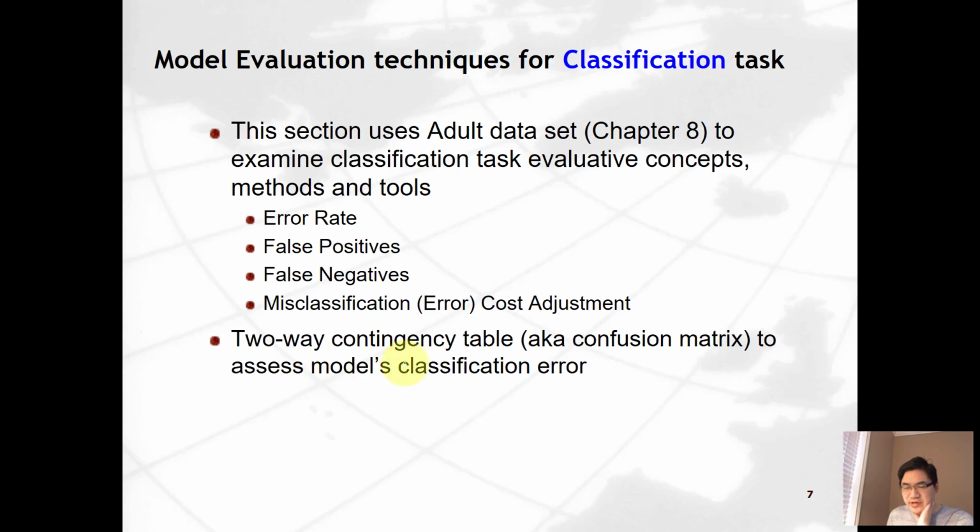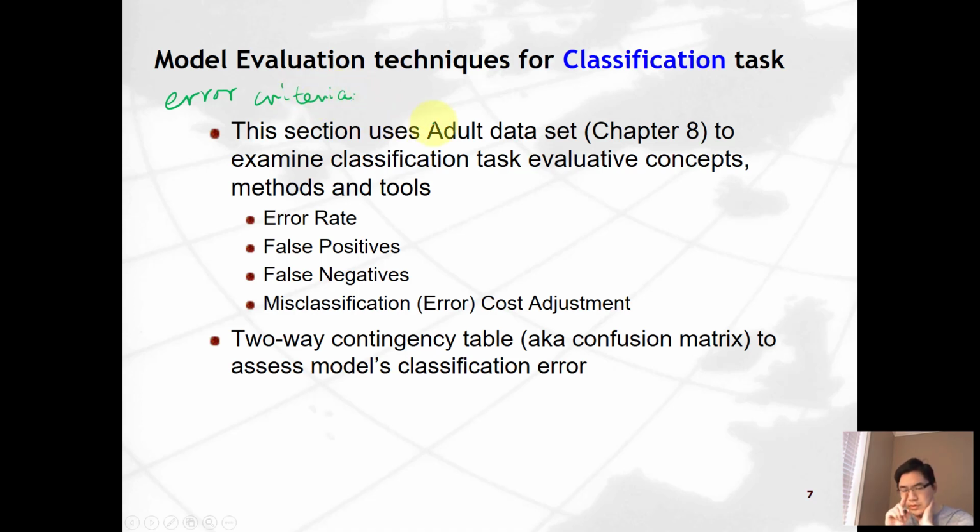Now, for classification, by a similar token, you will have the cross-validation mechanism, and you will have the overfitting chart, assuming that you have two partitions, the training and the validation set. So those things will remain similar. In this case, you will have a different error metric.